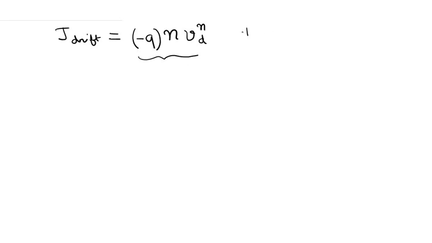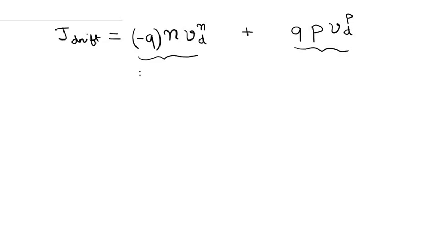and then we also have flow of holes. So the total flow of holes, or the rate of flow of holes per unit area, is p times Vdp, the concentration of holes per unit volume times the drift velocity of the holes. If we want to calculate the current, we have to multiply this rate of flow of holes with the charge of the holes, which is plus q here.